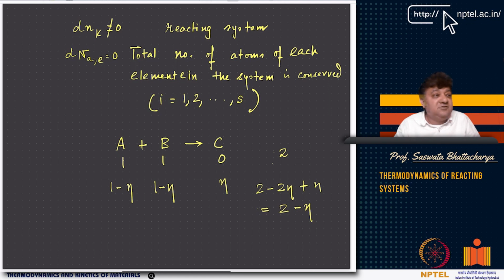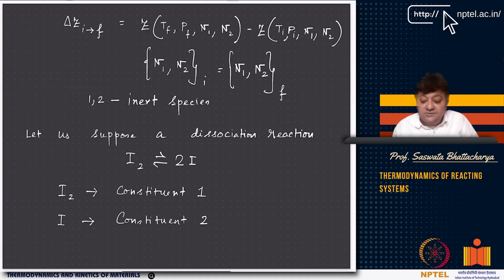The initial number of moles and the final number of moles will be different. They cannot be the same when you have a reacting system, right?